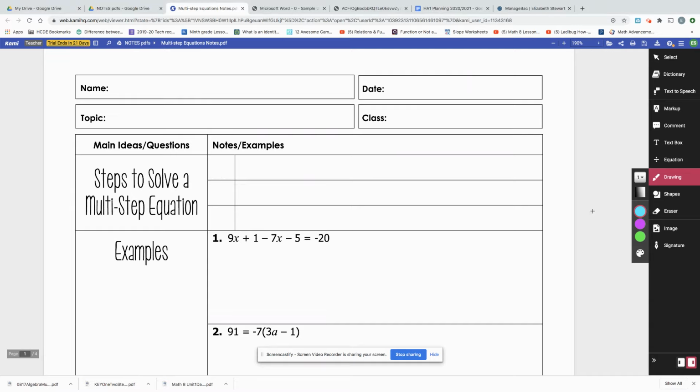First, we would like to distribute if necessary. Number two, we want to combine like terms.